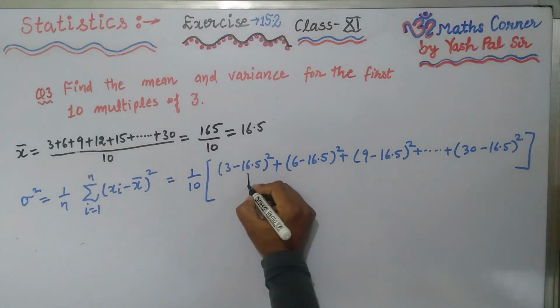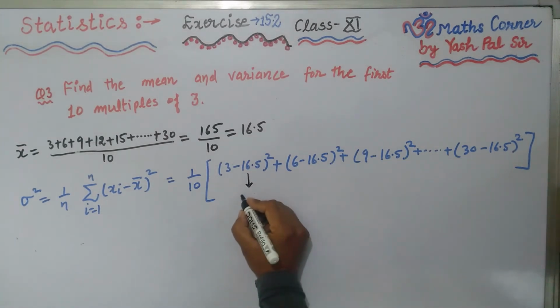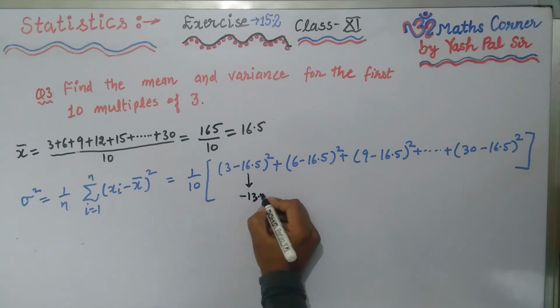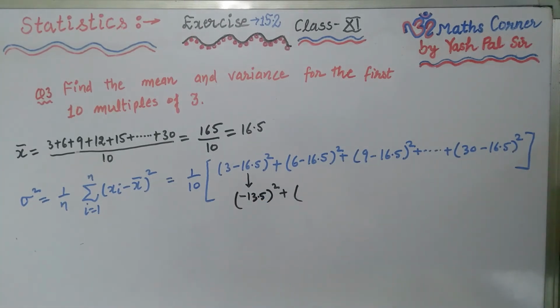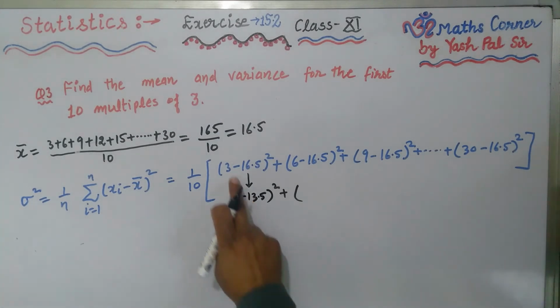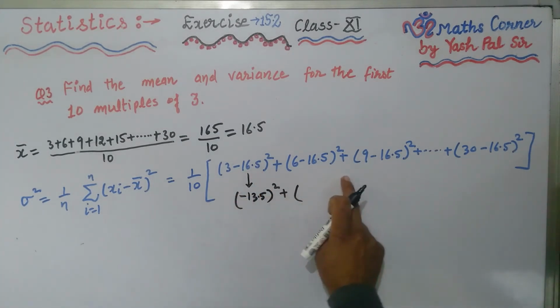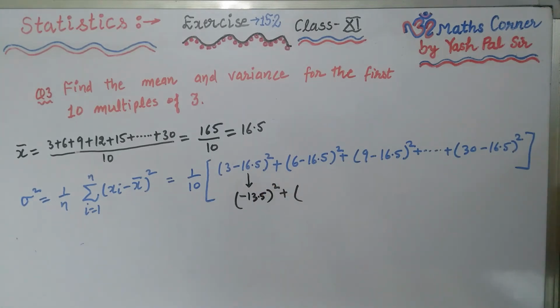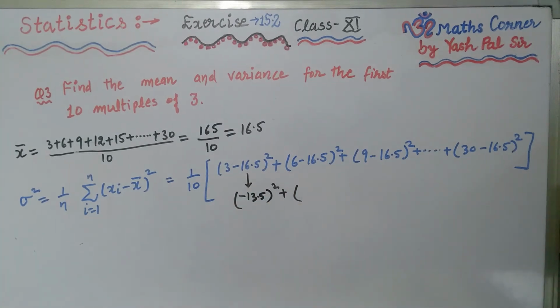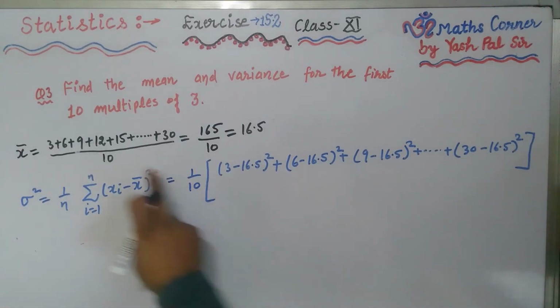Now this value is 13.5 whole square minus... if this way we subtract and take the square, then it will be very difficult to do the calculation. So there is one trick we have to follow without solving this, as we have solved the previous question number 2.